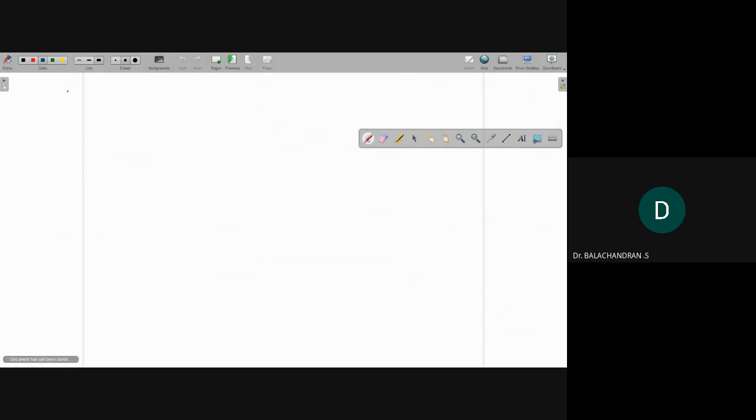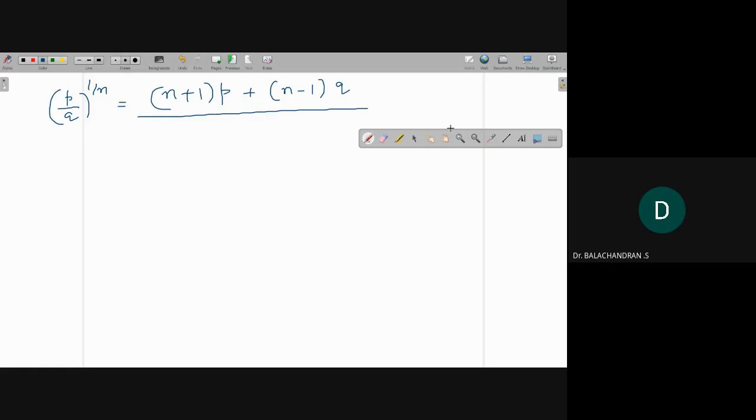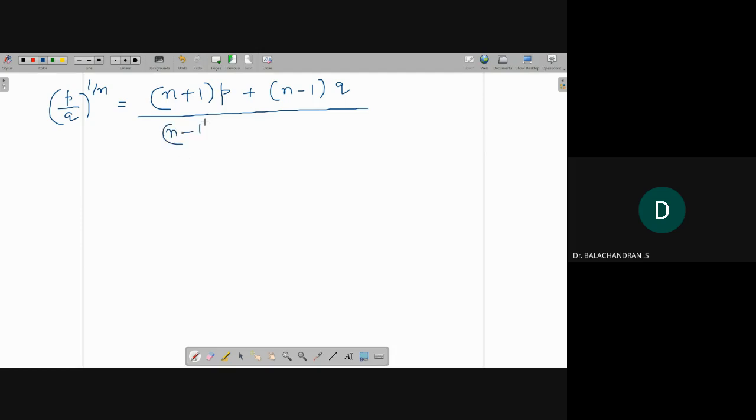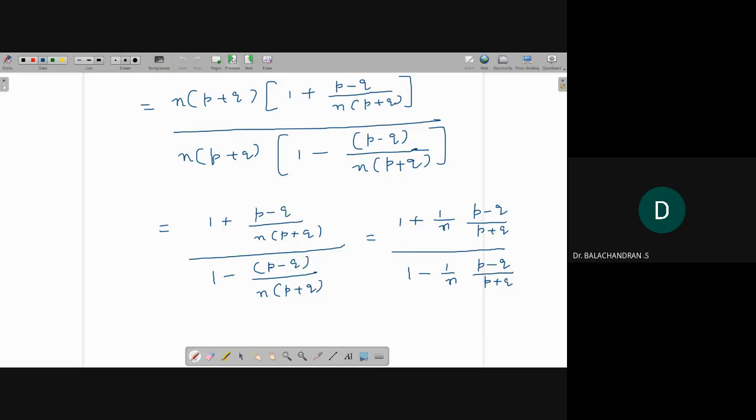So P by Q whole power 1 by n is equal to what? (n plus 1) into P plus (n minus 1) into Q, divided by (n minus 1) into P plus (n plus 1) into Q. I think that is what we have here.